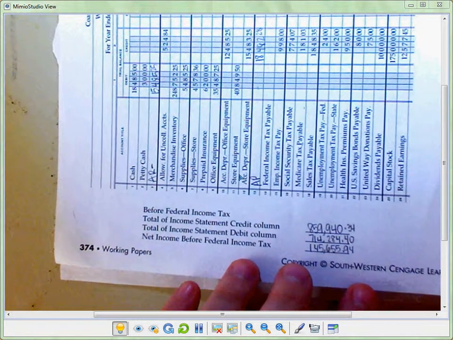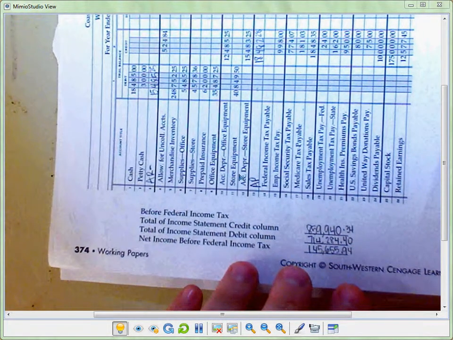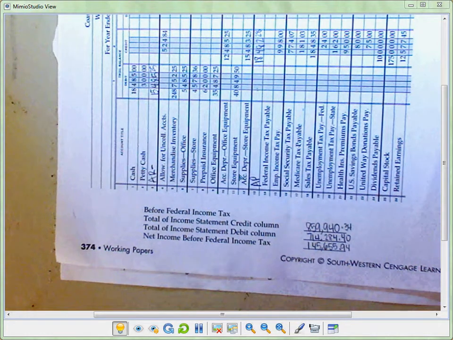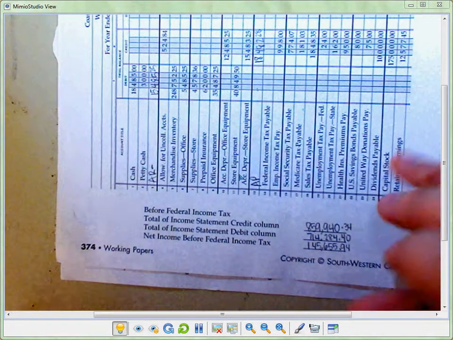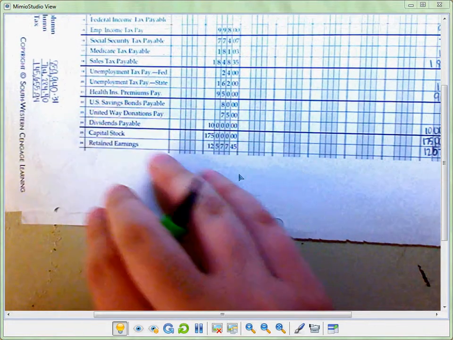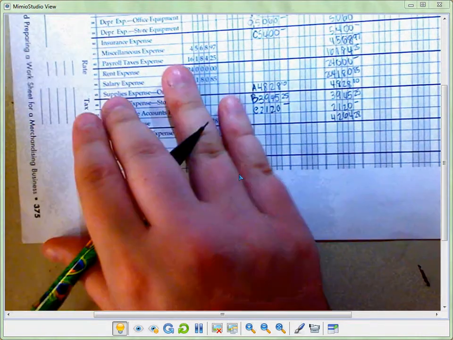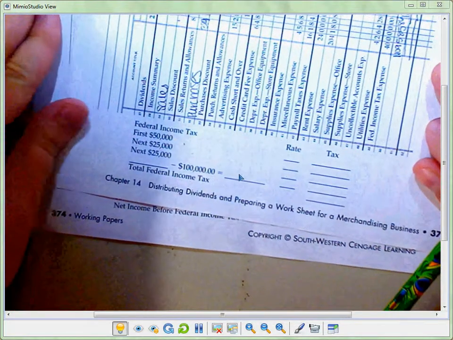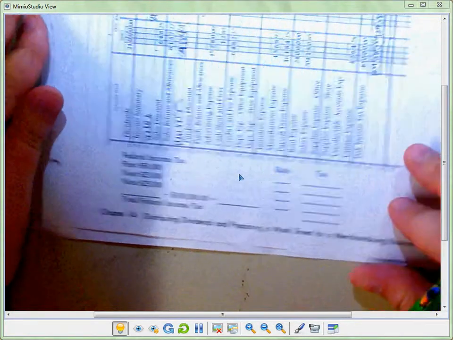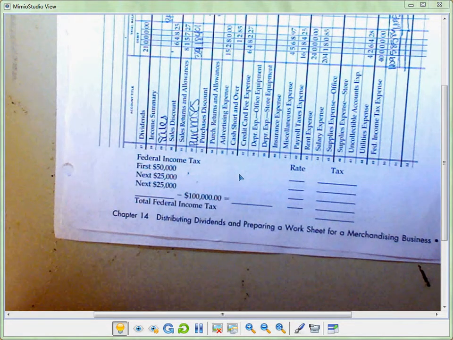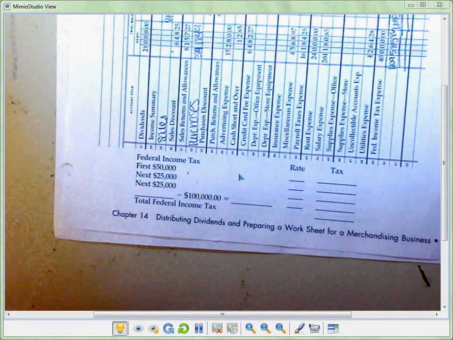So the next thing we're doing is using that pink tax table. We're going to calculate the federal income tax expense and record the adjustment. So we have to look at the pink table, but then we need to be on page 375 and do what's on the side of that page. The first thing on that blank, below the next 25,000, we need to put the number you calculated from 374.